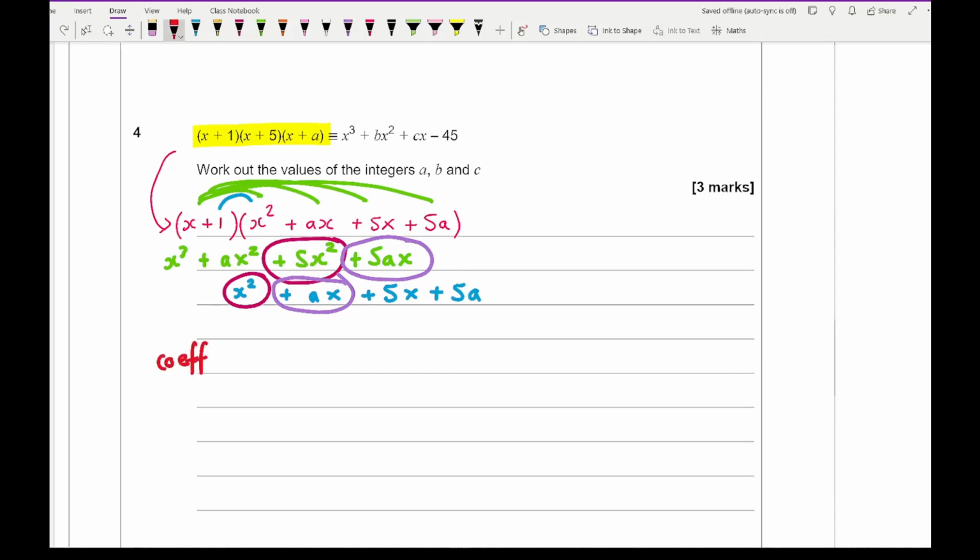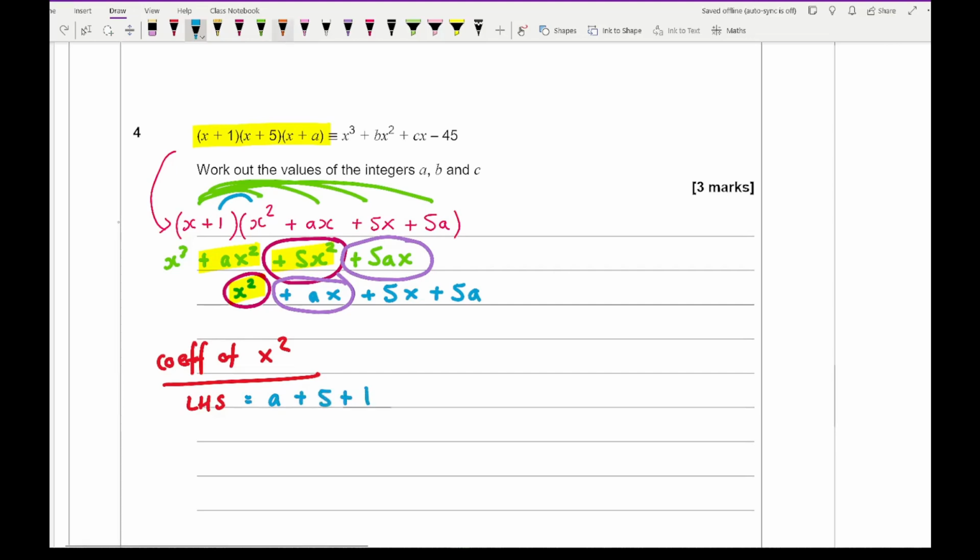So if I look at the coefficients of x squared, because x cubed is going to be single on both, on the left hand side, things that have got an x squared, well, I've got this, and I've got this. So it's going to be a plus 5 plus 1.